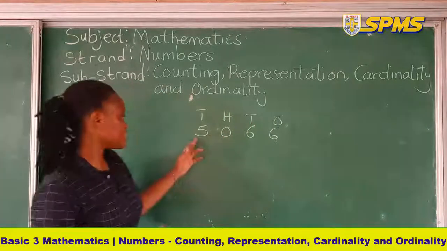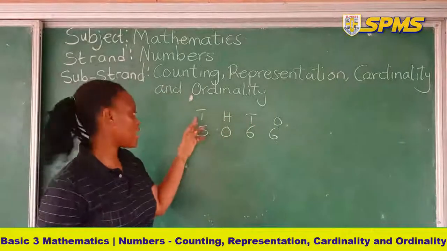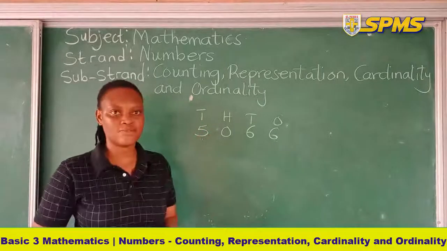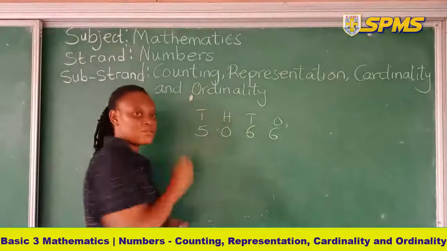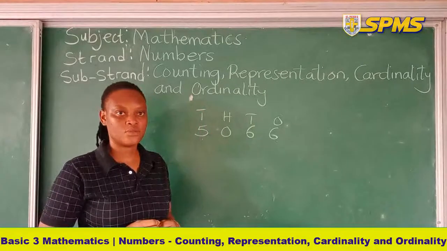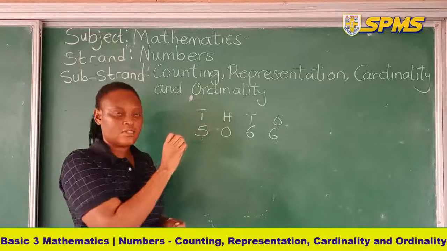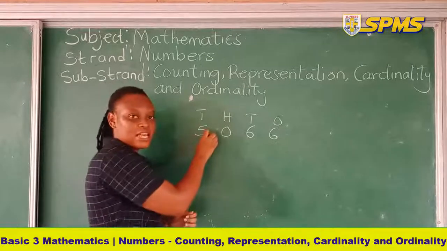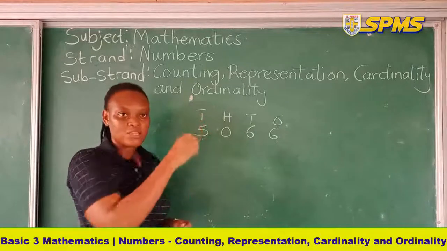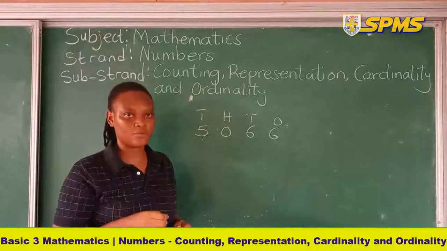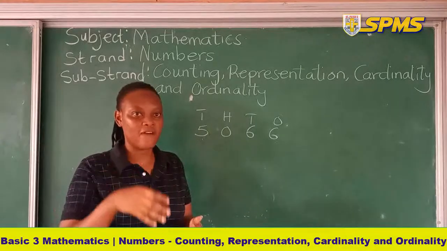We all know that this 5 is under the thousands column. Therefore, the place value of the 5 is thousands. Where 5 is located is the thousands column. That is the place value.